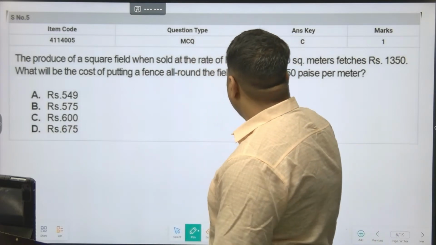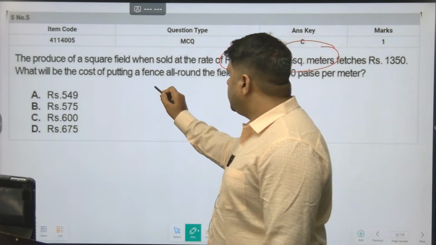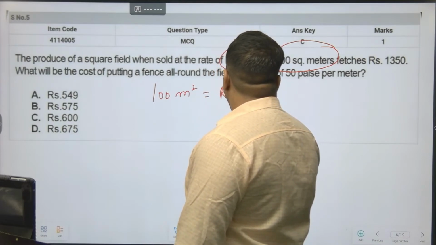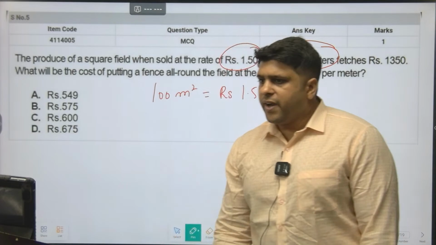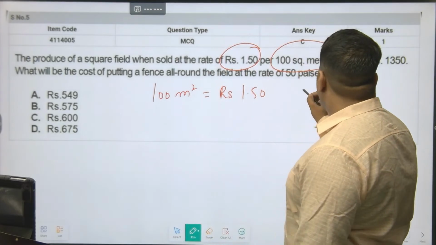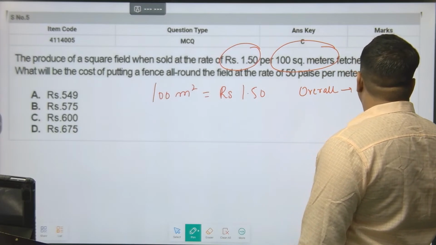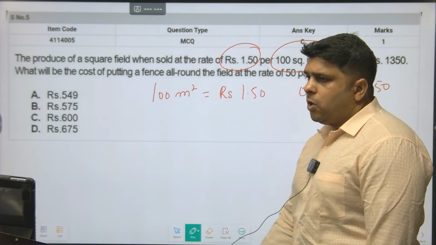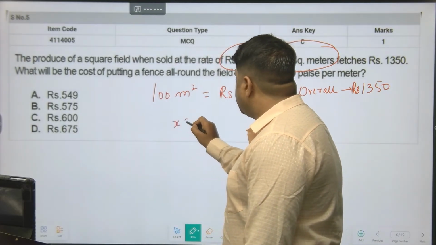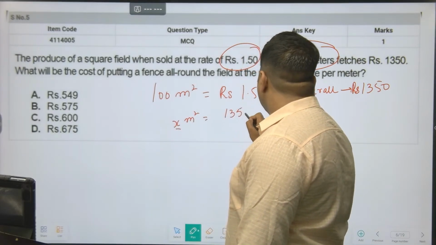Now he is saying the cost is Rs 1.5 per square meter, which means 100 meter square is going to cost you 1.5. But he is also saying overall it is 1350. Overall area is unknown, so we can say x meter square is equal to Rs 1350.